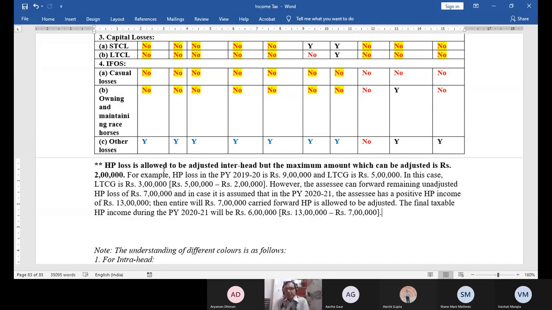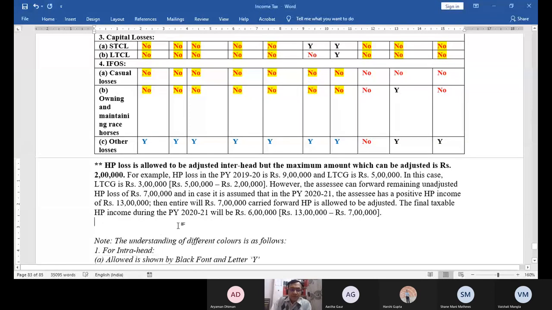Please raise your hand if the concept is clear, otherwise ask me the doubt. Raman, is the concept clear? Now, this is one point which I forgot to tell you.